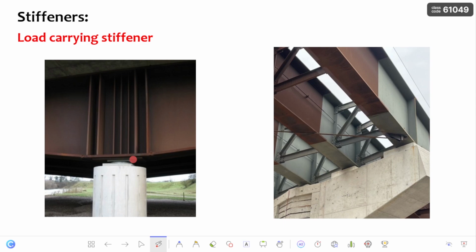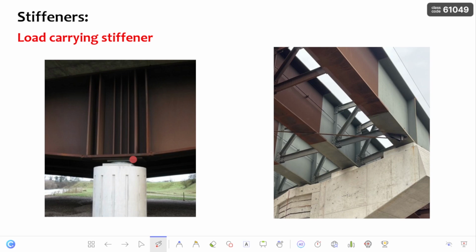So a part of the load has to be transferred to the stiffener. At those locations, we are going to provide the stiffener, which is nothing but the load carrying stiffener. Whenever we calculate the capacity of the stiffener at those locations, we have to deduct the capacity of the web, and for the remaining load we have to check the capacity of the stiffener against the shear which is coming due to the support reaction.